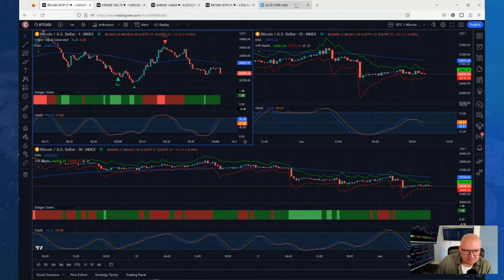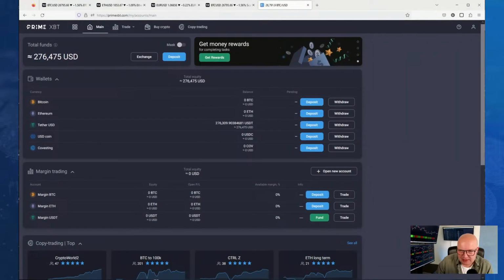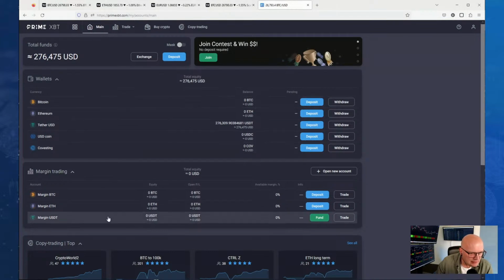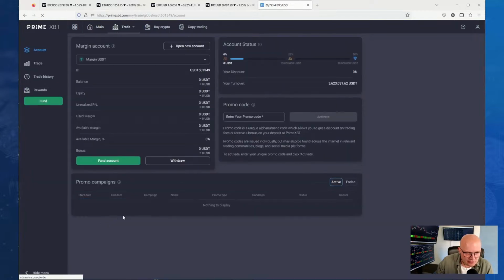Before we start today, of course, we need to get our account ready. I'm going to use the BTC/USD pair today. Because we are scalping today, meaning we will try to capitalize on really small movements, PrimeXBT was so nice to supply me with a promo code that gives us a further 50% discount on the already low trading fees.